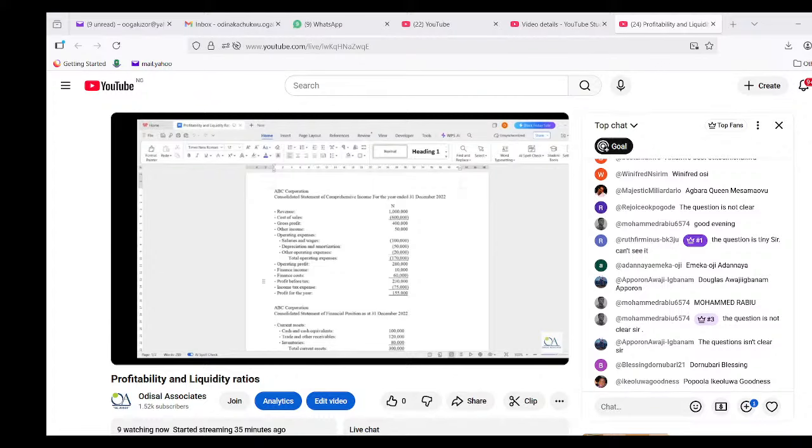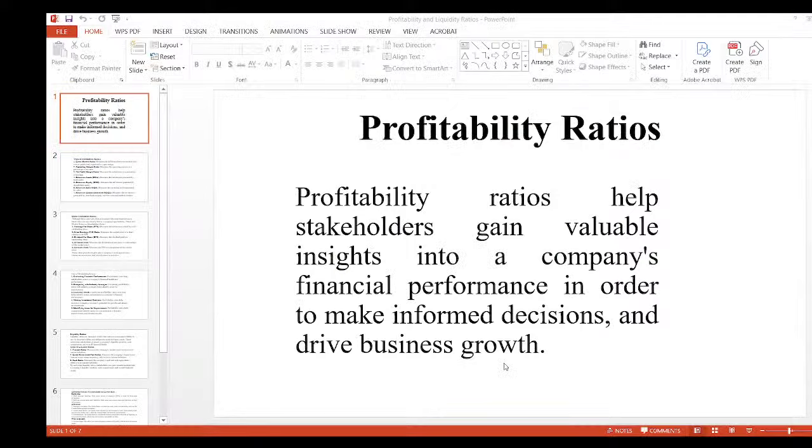Let me get the ratio. Solution to profitability and liquidity ratios. Okay, so I'm looking for the file.